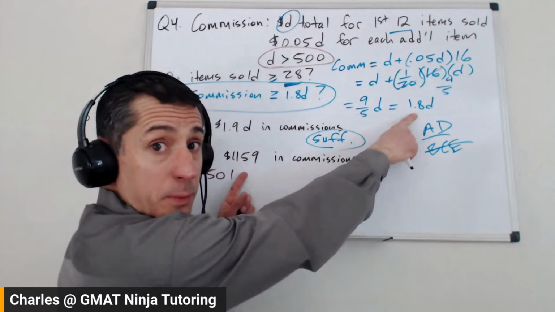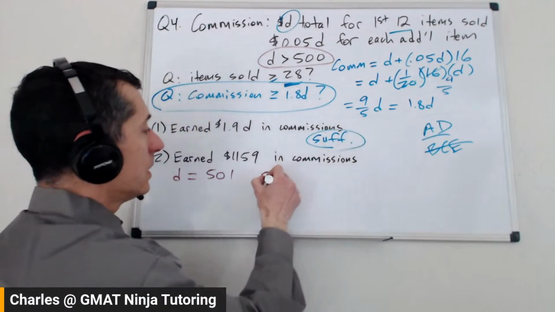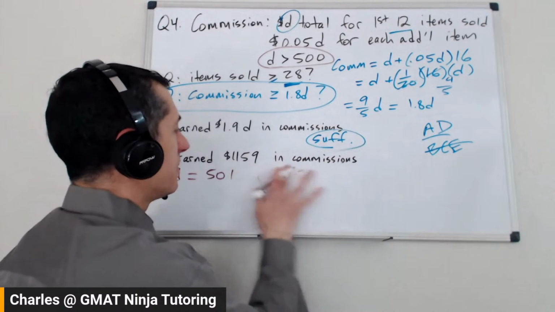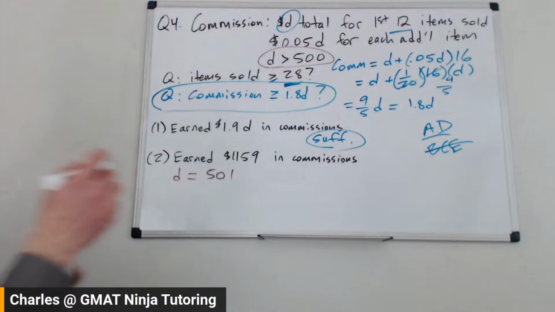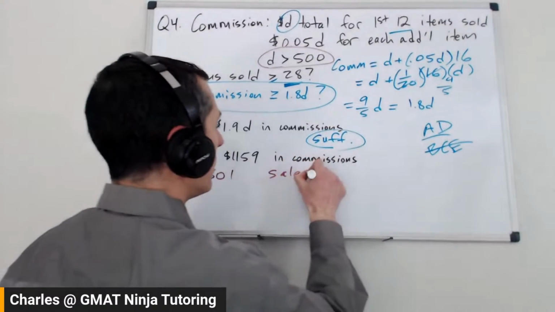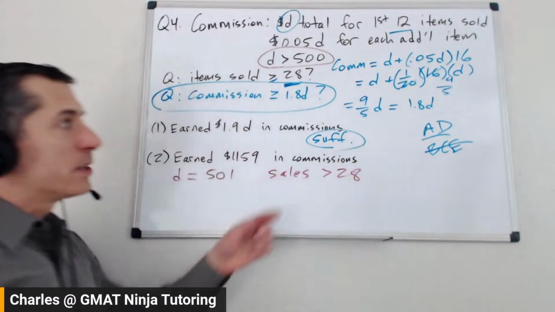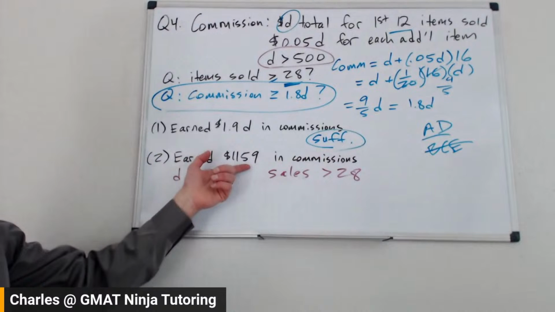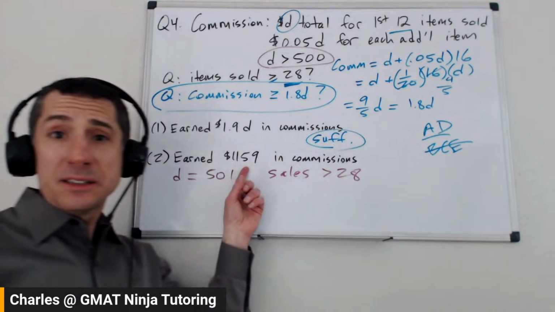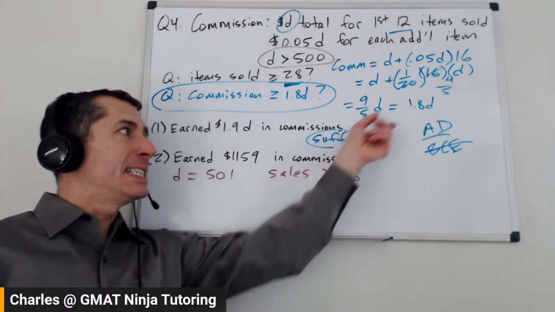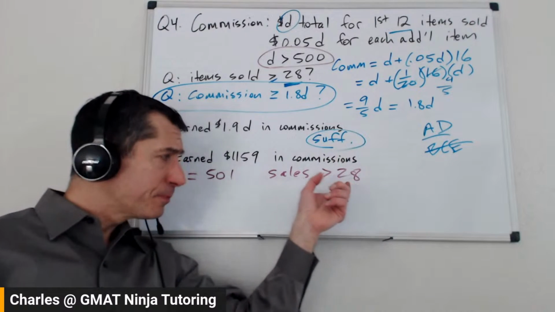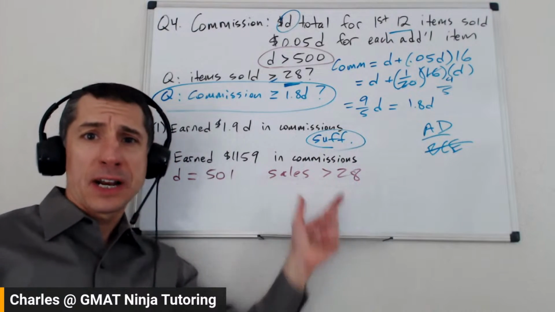Because 28 would be 1.8D. So her commission is more than 2D, and 1.8D is equal to 28 sales. So her sales would have had to have been greater than 28.